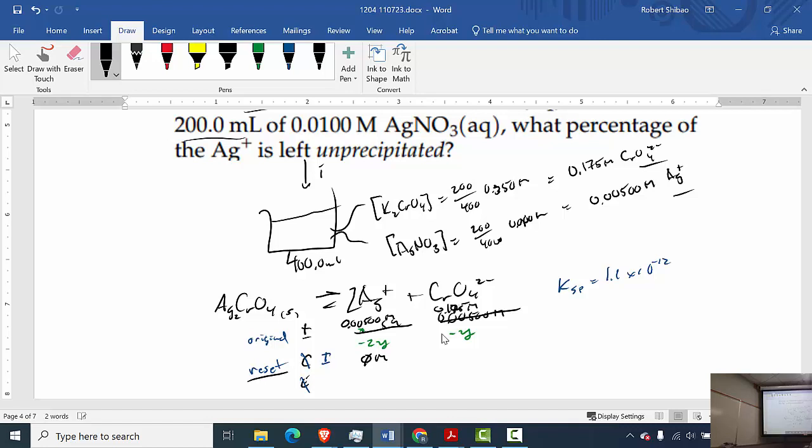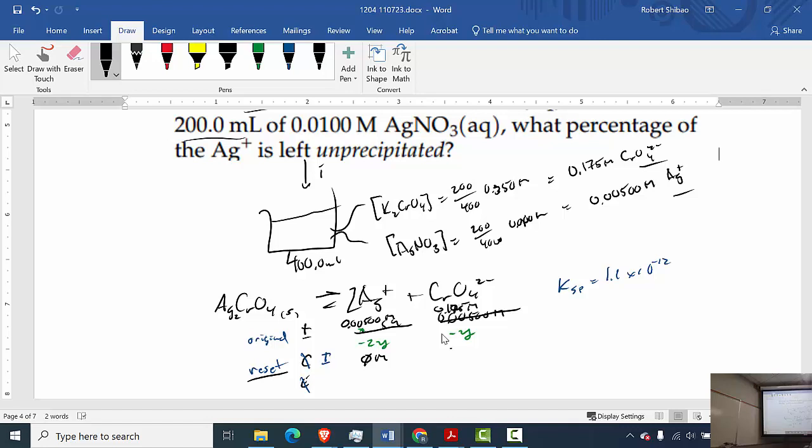That's my reset. And then I double this. If I double this, that's going to be 0.01. Actually, no, I'd have to cut it in half, sorry. I need to cut this in half.